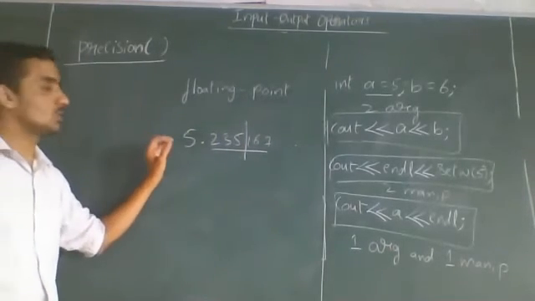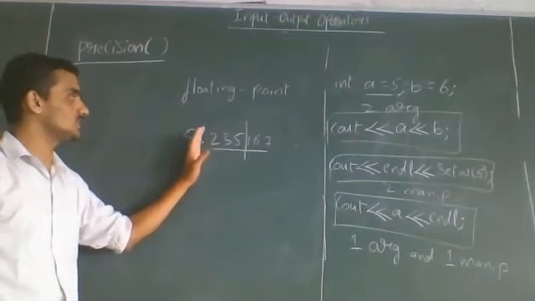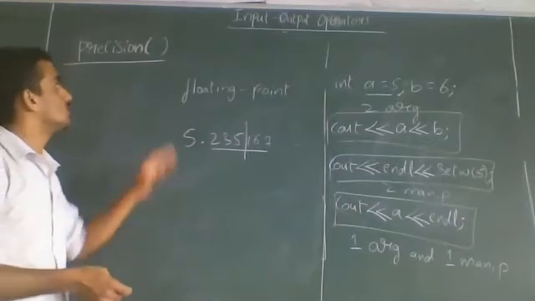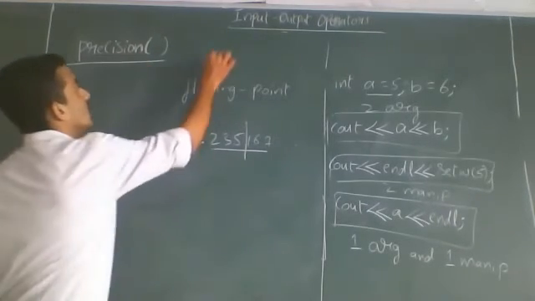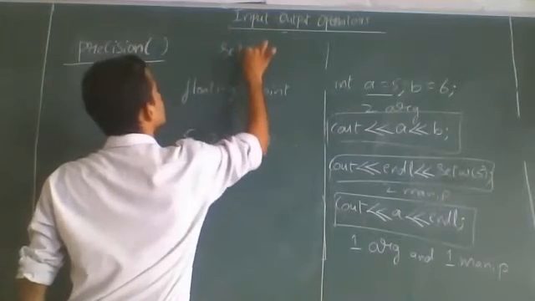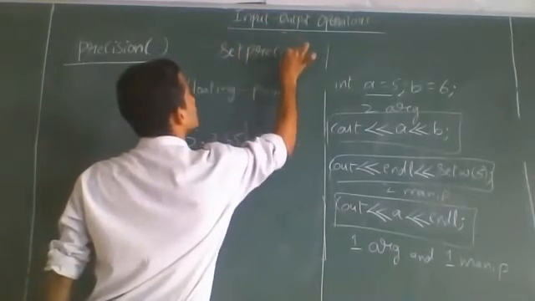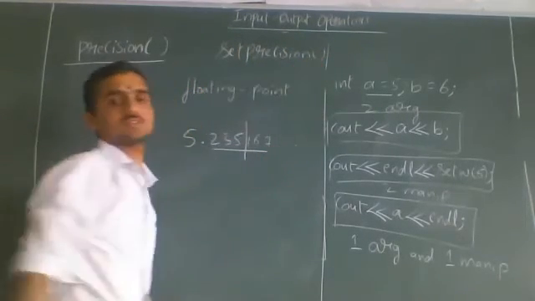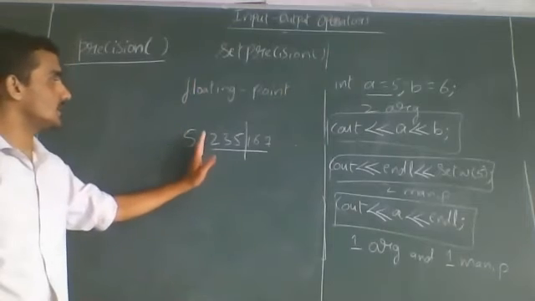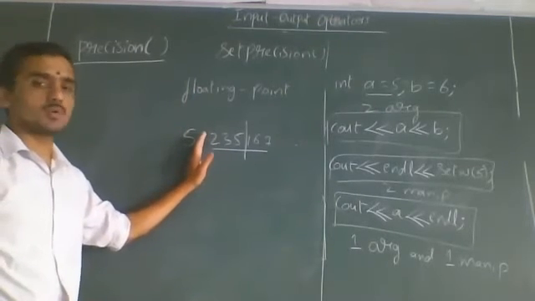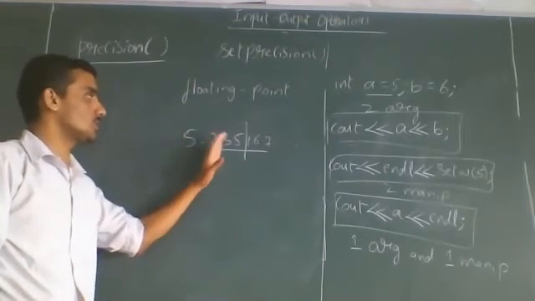So we can set the number of digits after the decimal point. Both precision and setprecision will do the same job. That is, it will set the number of digits after the decimal point if I want to stop at a certain point.